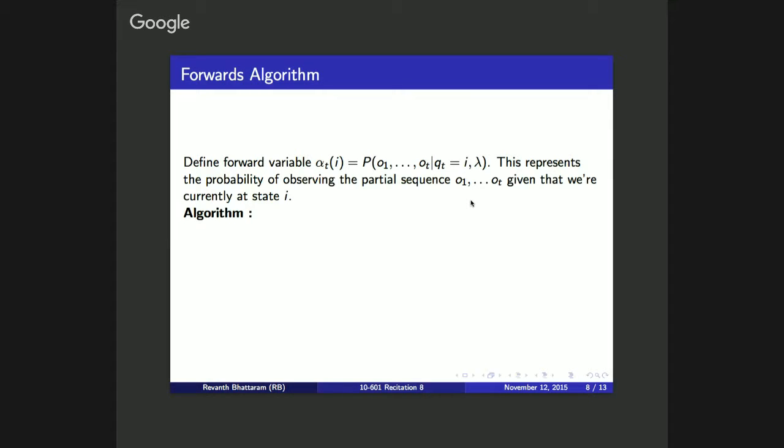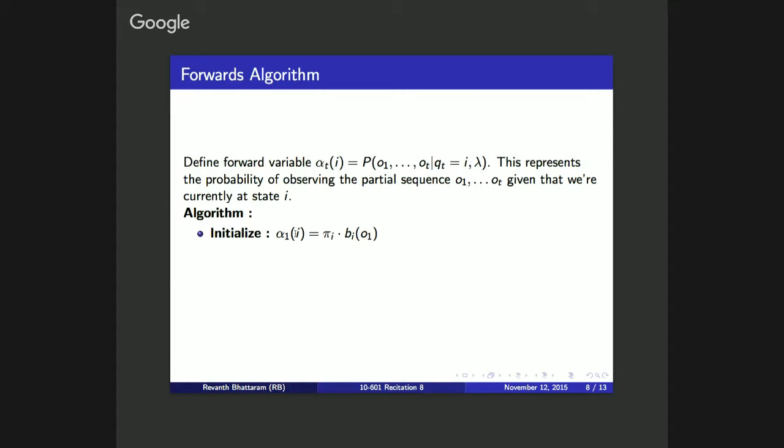So this can be computed recursively. Let's start off with the initialization. Alpha 1 of i, what does that mean? We're at the initial time step, so t over here is 1. Given that I am in state i currently, what is the probability that I observe O1, because t equals 1?